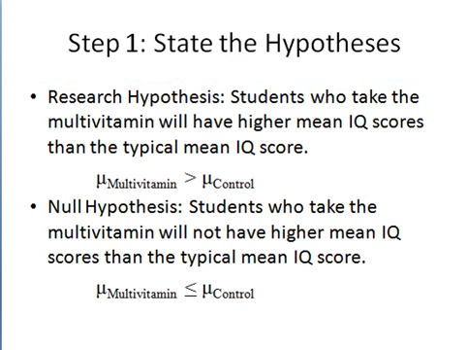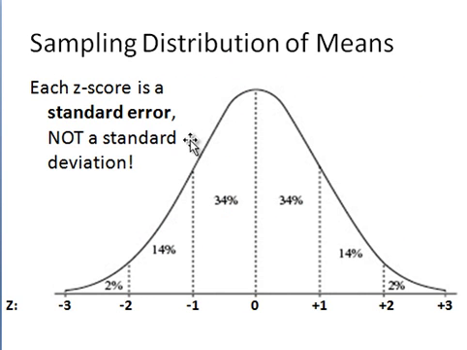So here's our sampling distribution of means, and when we're dealing with the sampling distribution, a z-score refers to standard error. When I showed you that formula for the z-score last time, it was based on the sample mean minus the mean of means, over the standard deviation divided by the square root of n, and that standard deviation divided by the square root of n is the standard error of the mean.